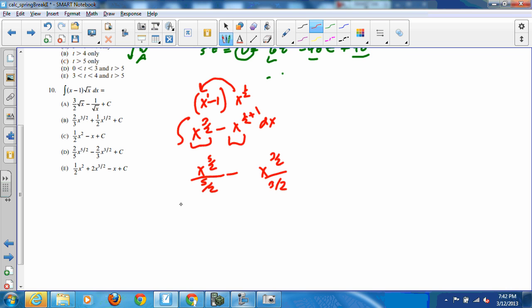Well, that 2 comes up in front, so you have 2/5 x to the 5/2 minus, and that 2 comes up to the top, you get 2/3 x to the 3/2 plus our constant, don't forget that. Alright, so not too bad once you saw the trick of simplifying this or rewriting it.